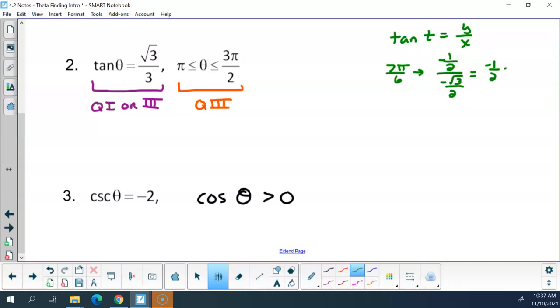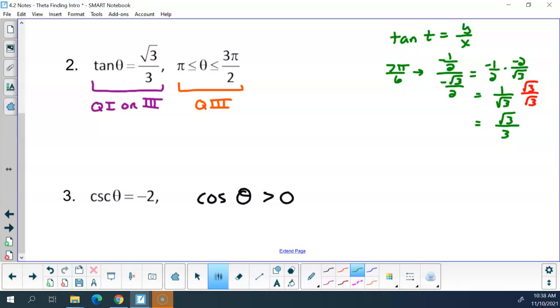Keep, change, flip. That's going to be positive 1 over the square root of 3. If I multiply by the square root of 3 over the square root of 3, then that gives me square root of 3 over positive 3, which is what I needed it to be. So we found it on our first one.